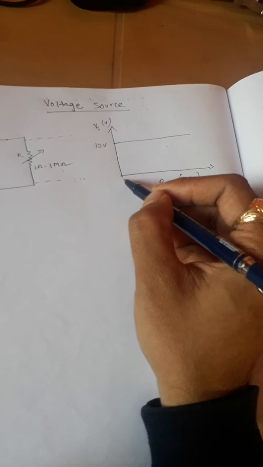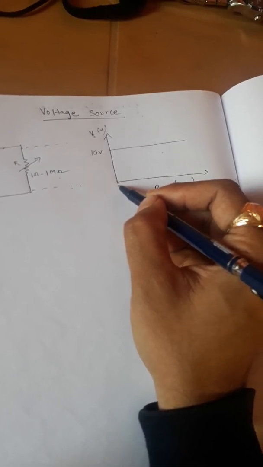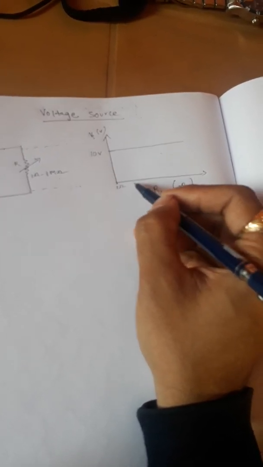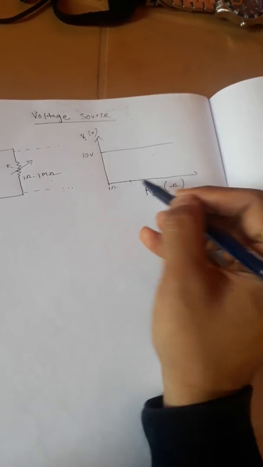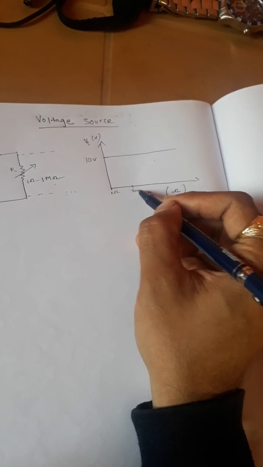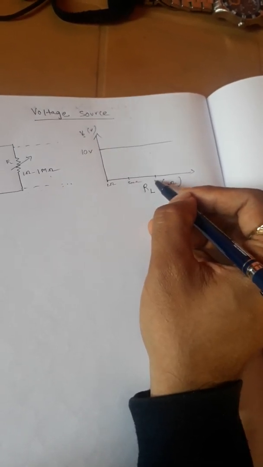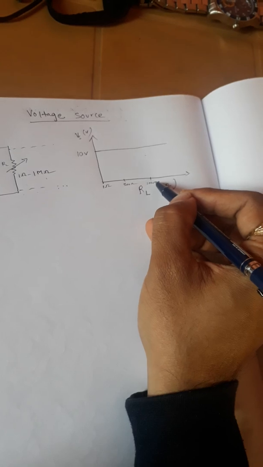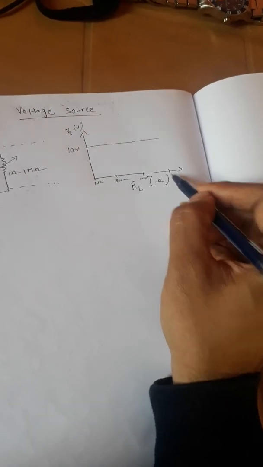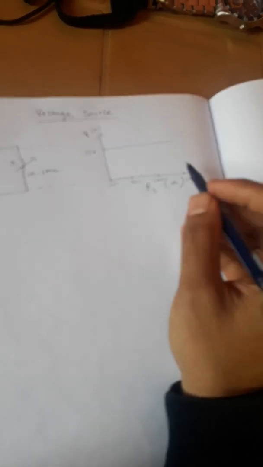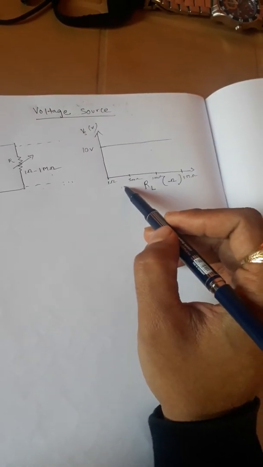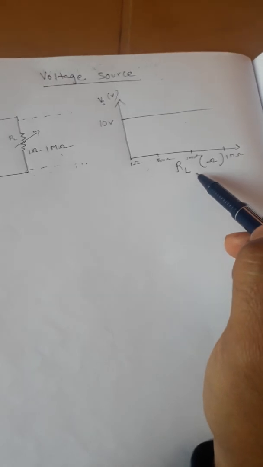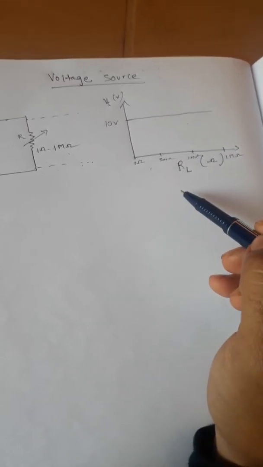For example, this is 1 ohm, this is for example 500 ohm, this is 1000 ohm, this is 1 mega ohm, it doesn't matter. We are getting a constant output voltage regardless of any of the load resistances. So this is the concept of voltage source.